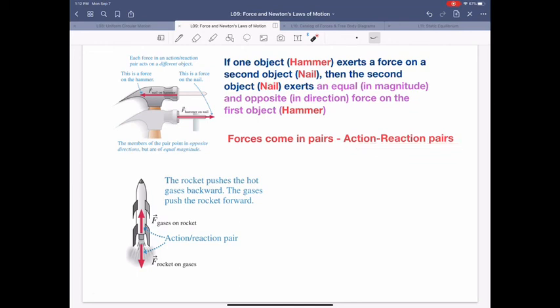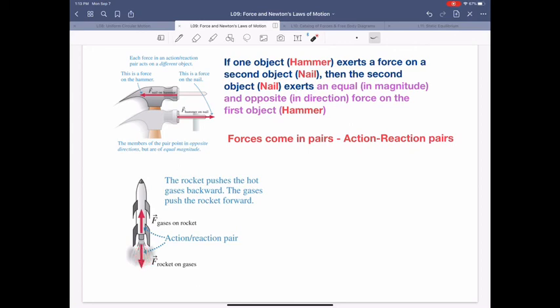Well, the third law allows us to explain, say, how you launch a rocket. So here you have a rocket filled with fuel. You power up the engines, you burn the fuel, and the burnt fuel is ejected from the rocket in the form of gases.